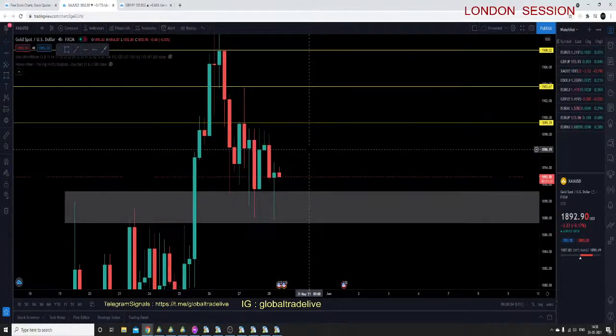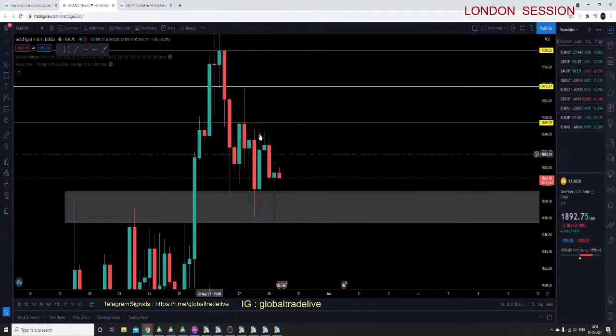Gold on our chart is different from my broker's. What should we do when we take a trade? Should we take the trade as per TradingView or our broker chart? Look, it totally depends on you. Basically, when you take a trade, you take it based off one single chart.